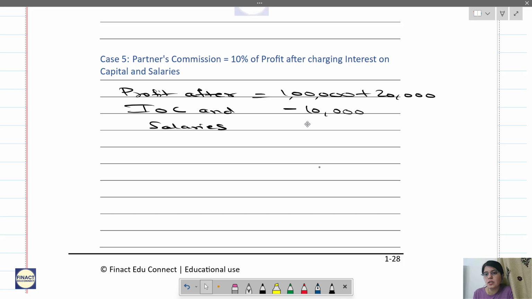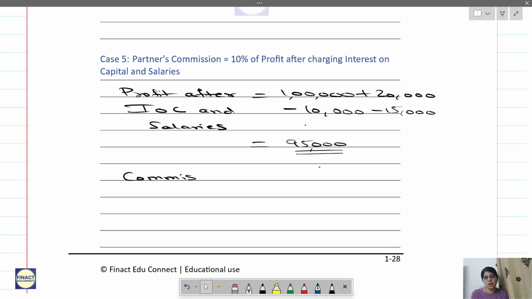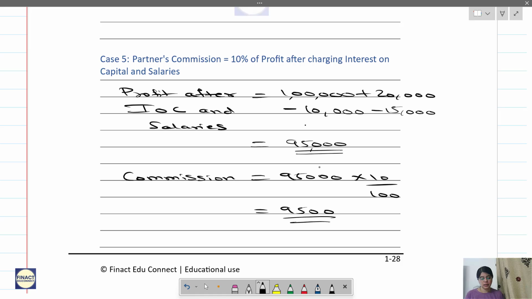Minus 10,000, minus 15,000, so how much are you getting? 95,000. So see, different wordings, you are getting the same answer. Don't get confused. So it will be 95,000 into 10 by 100, which comes to 9,500.